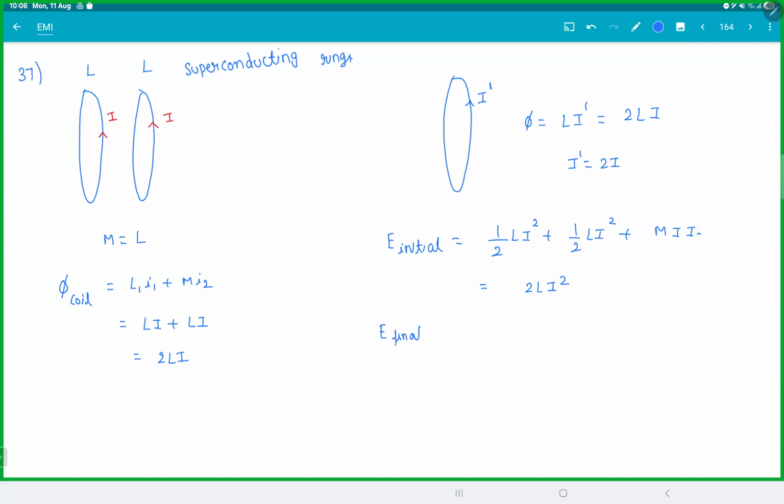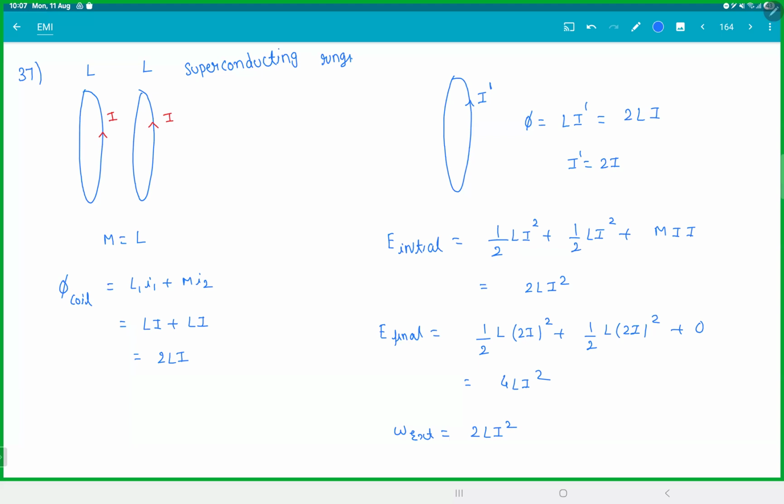Whereas in the final energy, half L2I square, half L2I square, and so the current in the coils will become double in order to maintain the same amount of flux.